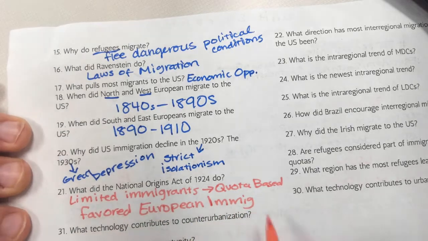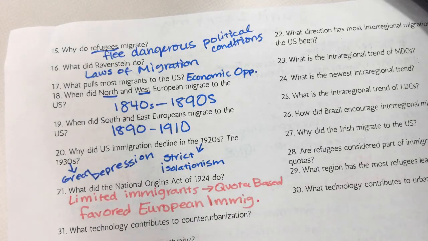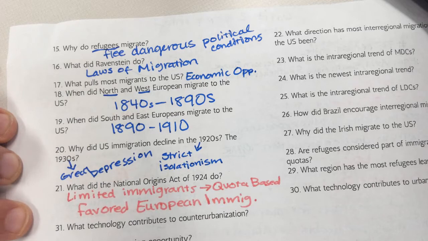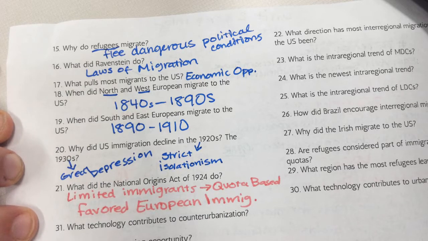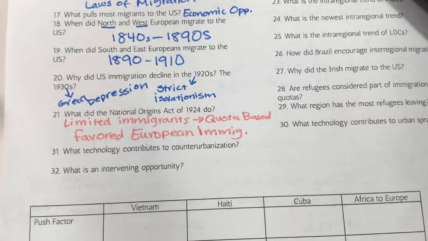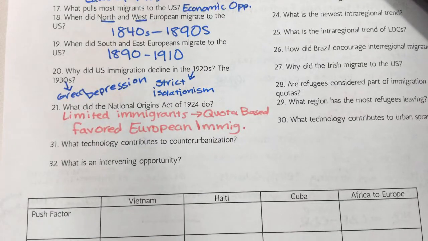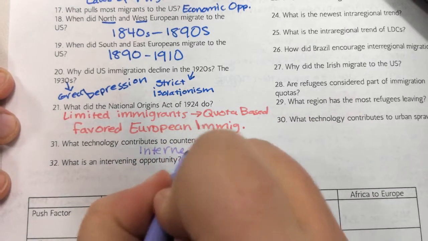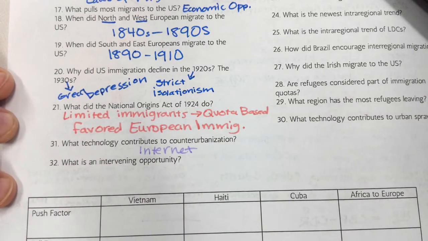Now, what technology contributes to counter-urbanization? Counter-urbanization, remember, is the... The thing that really helps counter-urbanization, and my parents would tell you this too, it helps having the internet, being able to have things delivered to your house. You don't have to live close to a mall if you need to get a present for someone or something like that.